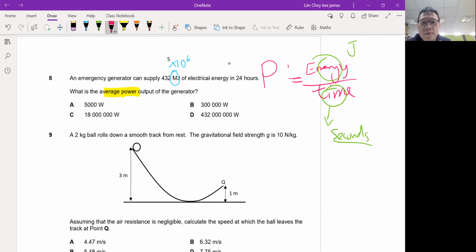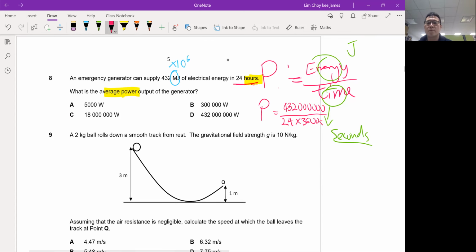Power is equal to 432 with 6 zeros at the back, divided by time. 24 hours, remember SI unit, change it to seconds. 1 hour is 3,600 seconds, so 24 hours will be many seconds.